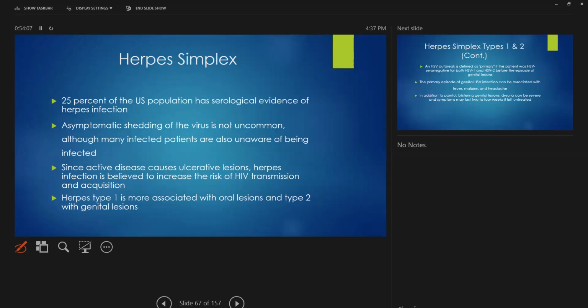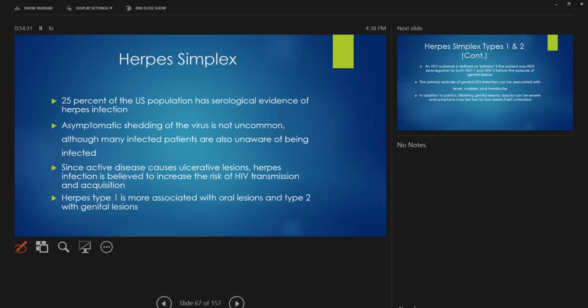Herpes simplex, so 65% of the US population has serologic evidence of herpes infection. Can be asymptomatic. Asymptomatic shedding of virus, though, is not very common. So that means that when you're not having symptoms, you're not likely to pass it on. When you're having symptoms, then you're more likely to shed virus.